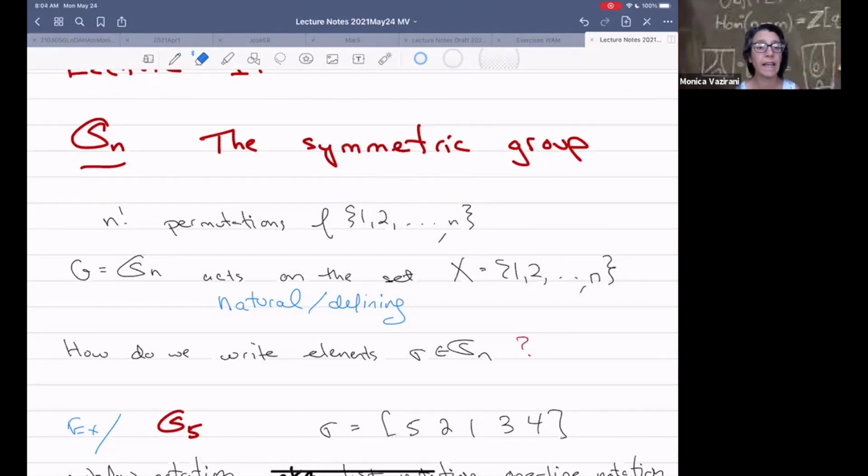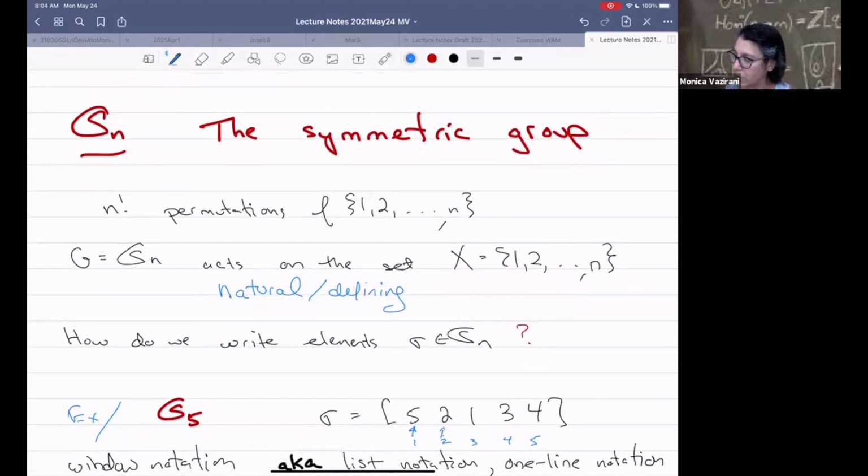I'm going to write them underneath, to be more like the notation that we use topologically. I have the numbers 1, 2, 3, 4, and 5, and this is where I map 1, and this is where I map 2, and so on.